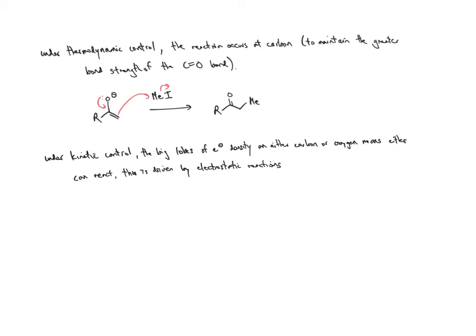What I will say is that normally what happens is that oxygen is going to react. Okay, oxygen is going to react when you have electrophiles like H plus or silicon-based electrophiles.